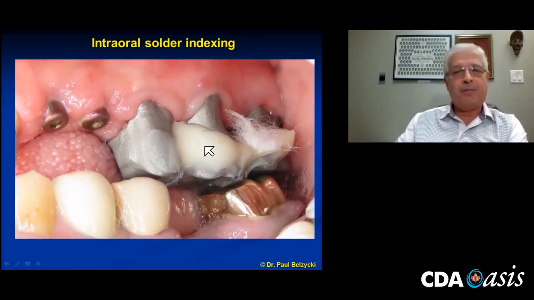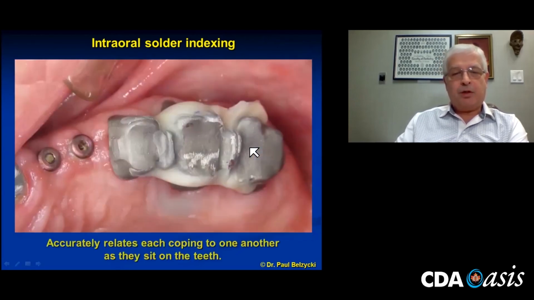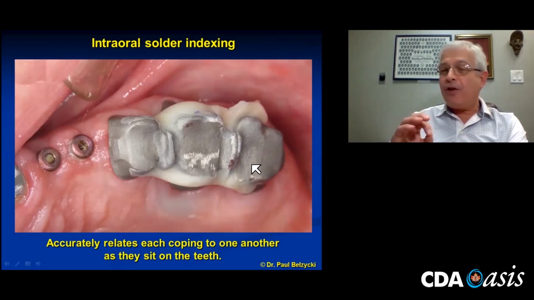I've got both, but I just use whatever I made the temporaries with, because I have so much of it. And I do this intraoral solder indexing. What I'm trying to do here is accurately relate each individual coping to one another as they sit on the teeth, because it's different from how it's going to sit on a master model.